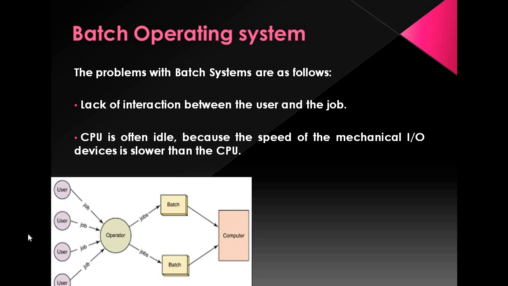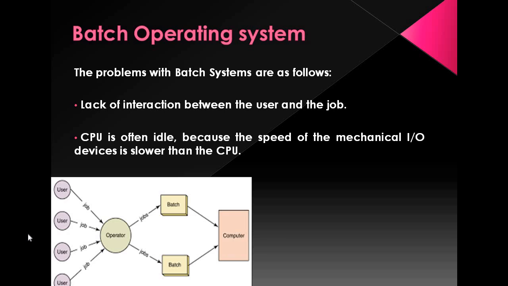The operator will give the first batch of C programs to the computer to execute. The computer will execute and give the outputs on the printouts. Then the operator will remove this first batch from the computer and then will feed the second batch, that is of C++ programs, to the computer. The computer will then execute these programs and give the printouts.